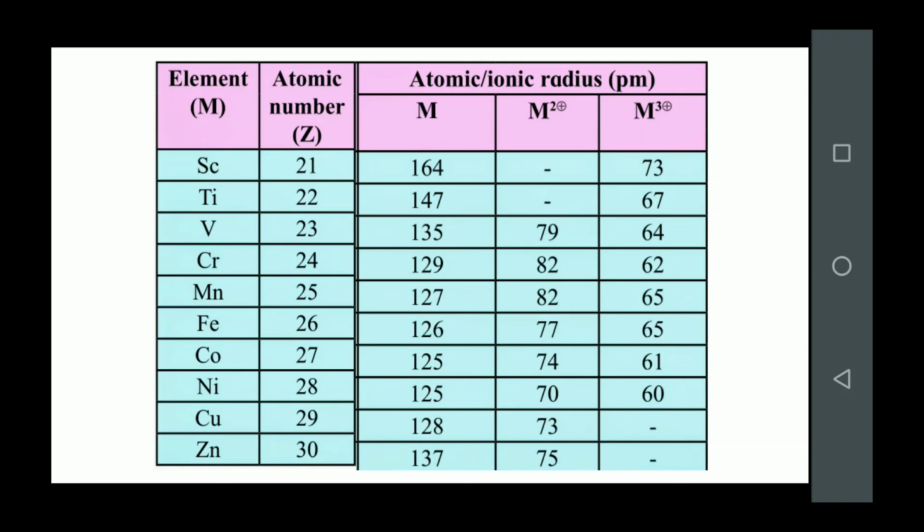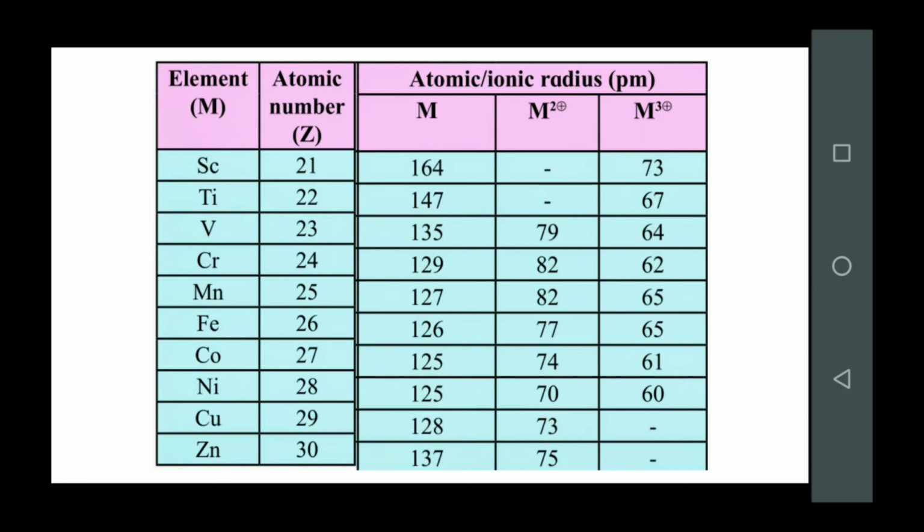So when vanadium is in the neutral atom state, the atomic radius is 135 picometer. When vanadium is in the +2 oxidation state, it means 2 electrons are lost. Now your nucleus has become more powerful because the number of protons is still the same.